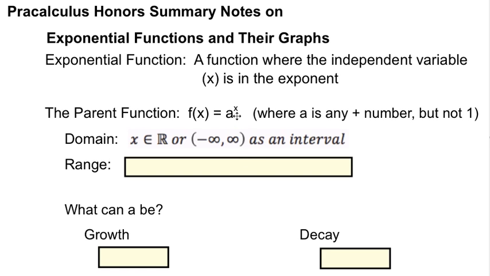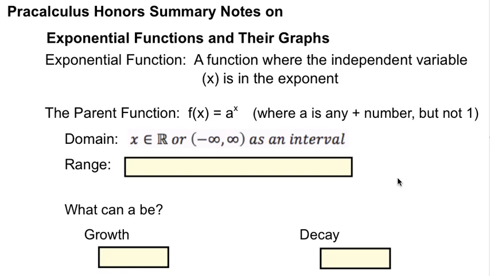On the other hand, if x is negative, if you recall, a negative in the exponent simply says to take the reciprocal of the value. So our number will get smaller, but it'll still be positive. It'll be smaller in magnitude. For instance, if x is negative 1, it will be 1 over a to the first. And if x is negative 2, it would be 1 over a squared.